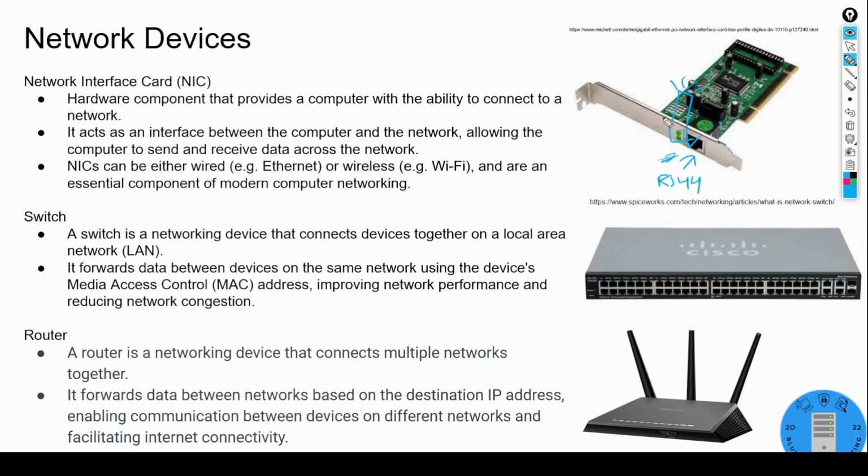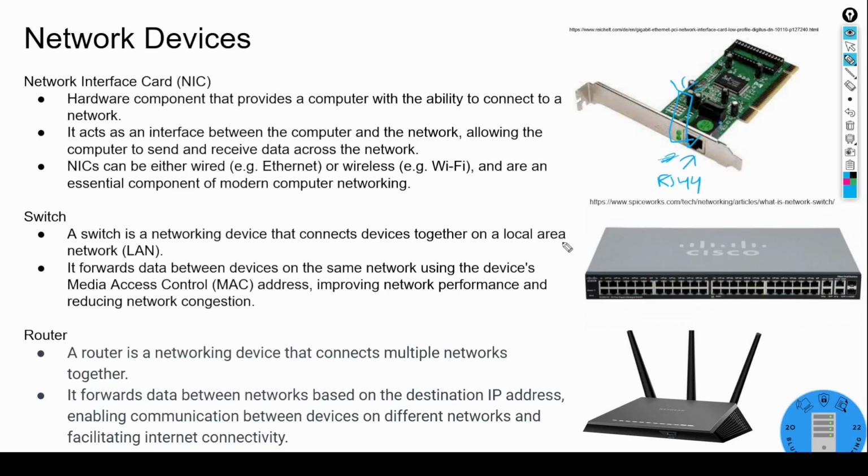Now, your laptop doesn't have an antenna that sticks out of it because we've come a long way in technology and we're very modern, and it's just built into your computer, and somewhere along the physical components of your computer, there is a signal that's coming out to allow you to connect to your Wi-Fi at your home. So I just wanted to make you aware, a NIC, that's going to be that hardware component that gives you access to the internet, whether through a physical medium like Ethernet or over the air through Wi-Fi.